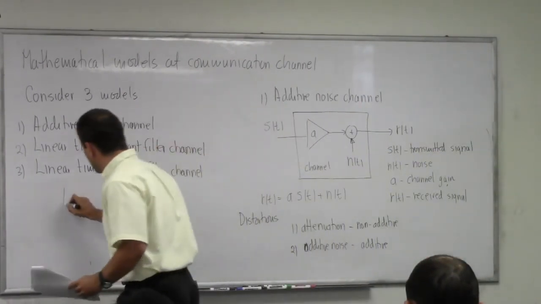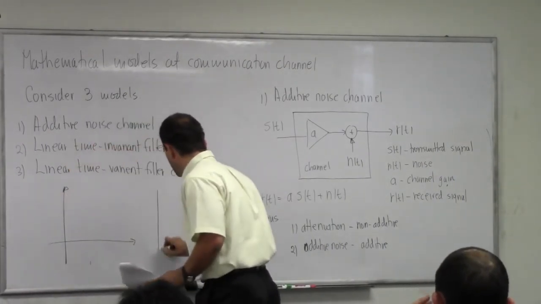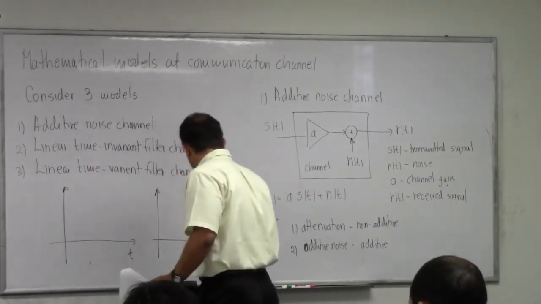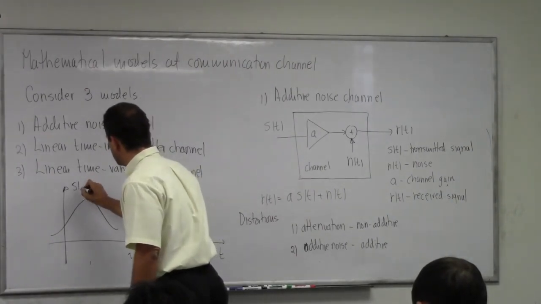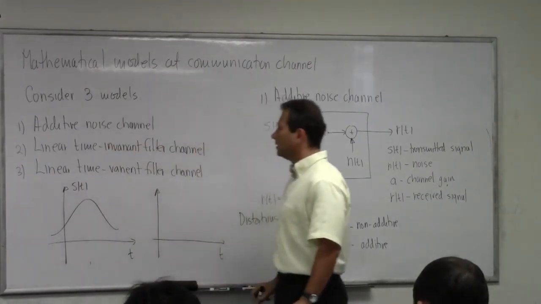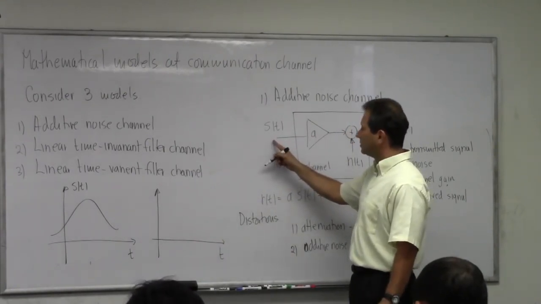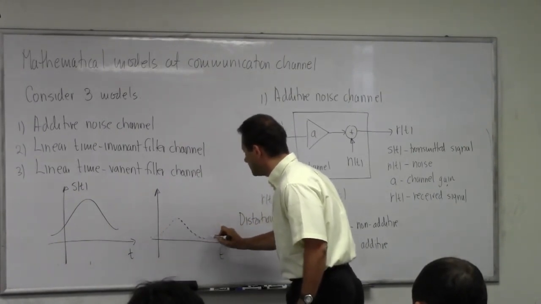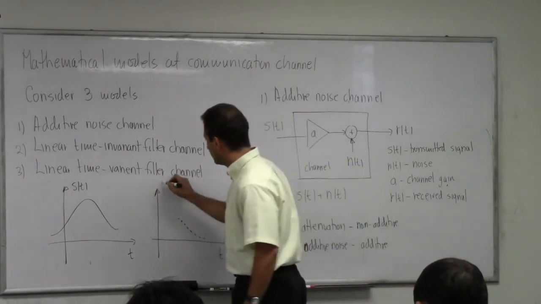So what happens here? So that we're clear on what we're looking at, I'm just going to use this section of the board. Let's say this is t, this is t. Now let's say the signal S of t looks somewhat like this. This is what I feed into the communication system. This is what I feed into the channel. So what comes at the output is a signal that is attenuated somewhat, so this is not going to be as large as this here.